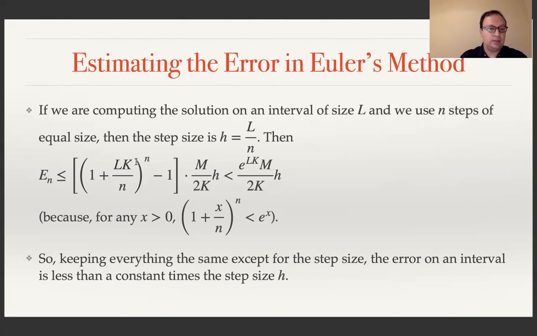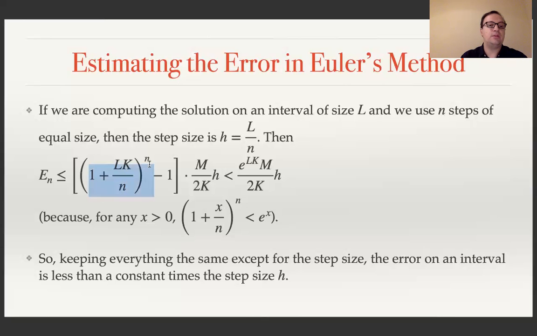But this formula, (1 + LK/n)^n, in the limit when n is very large, actually converges to e to the power LK. And whenever x is a positive number, actually (1 + x/n)^n is less than e to the x.